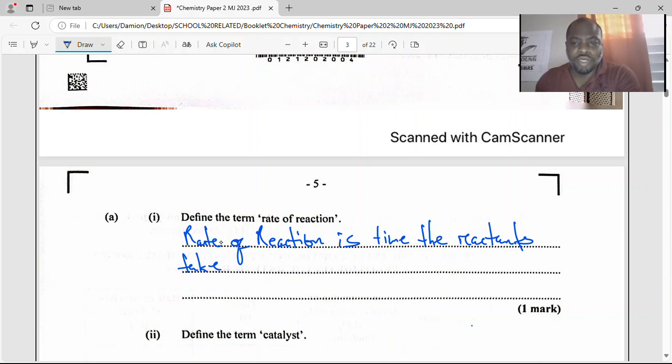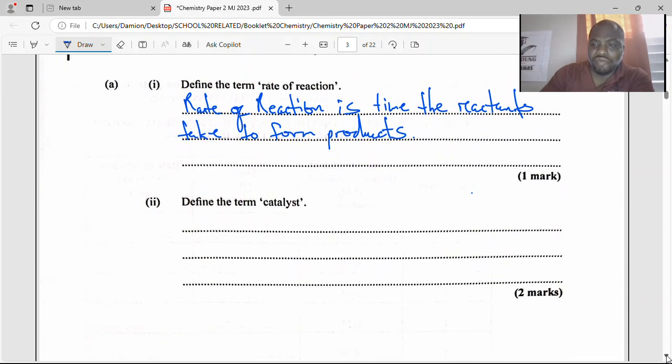So we're using the time the reactants take, and we can say to form products. So remember, once we see that word rate, we're referring to how fast. So it is how fast the reactants are used to create products, or how fast products are created from reactants, whichever way you want to construct your sentence, 1 mark.